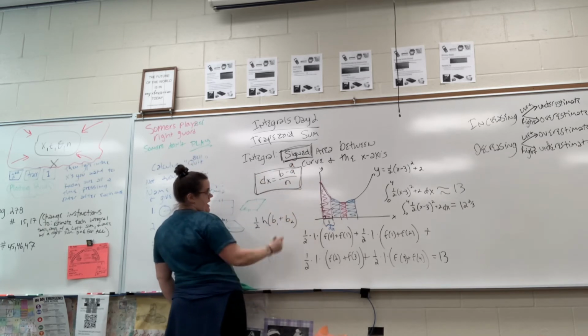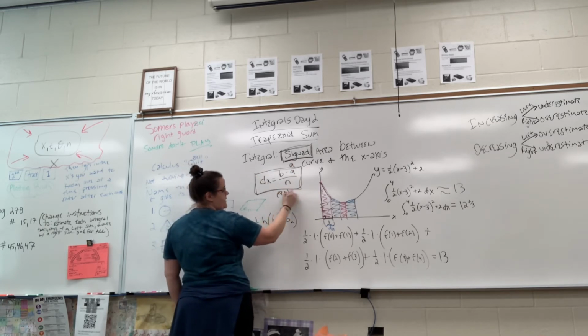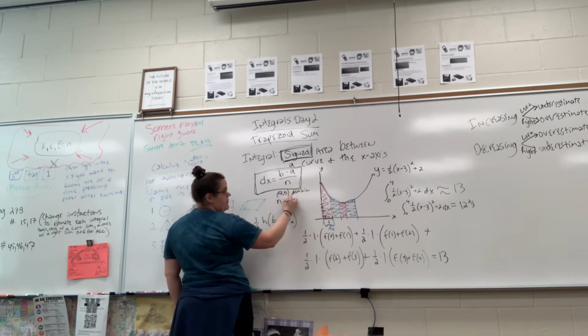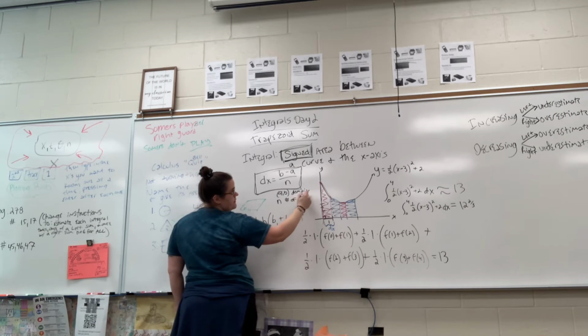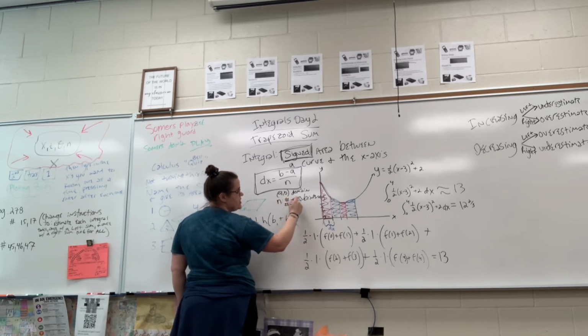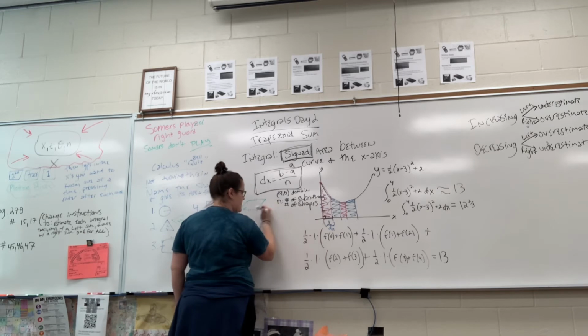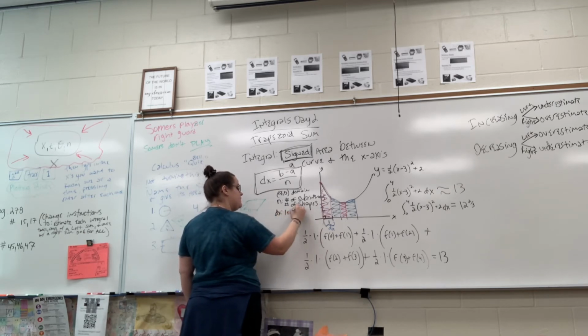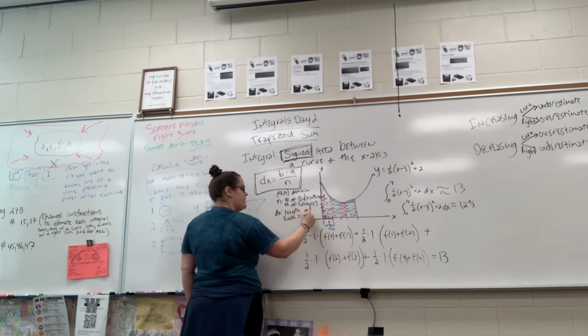My a to b is my domain, n is my number of subintervals or number of shapes, and my dx is the length of each subinterval.